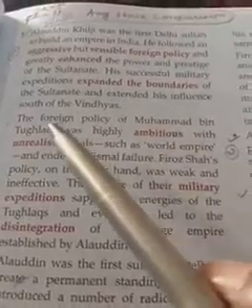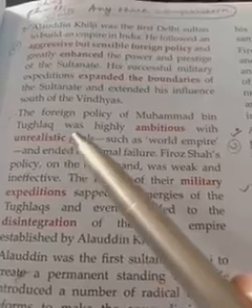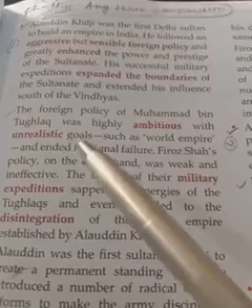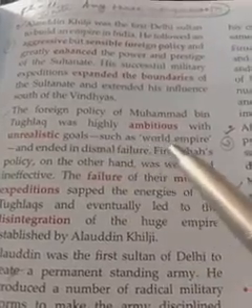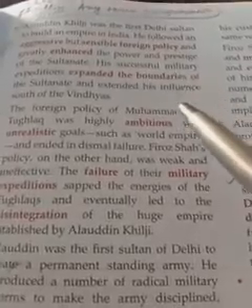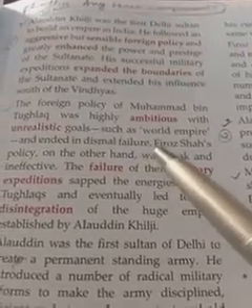We have to see the foreign policy of Muhammad bin Tughlaq was highly ambitious, with unrealistic goals such as a world empire, and ended in dismal failure. See, he had some success, but Muhammad bin Tughlaq, in the beginning, wanted to make a world empire, but later on he was dismissed with failure.